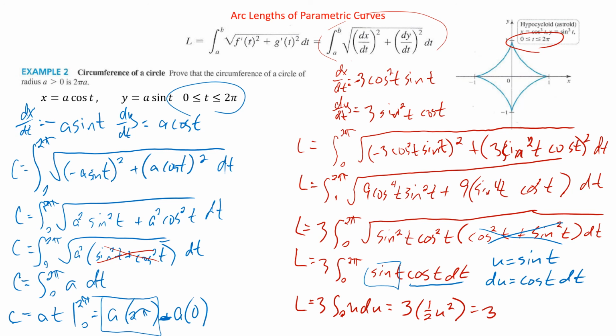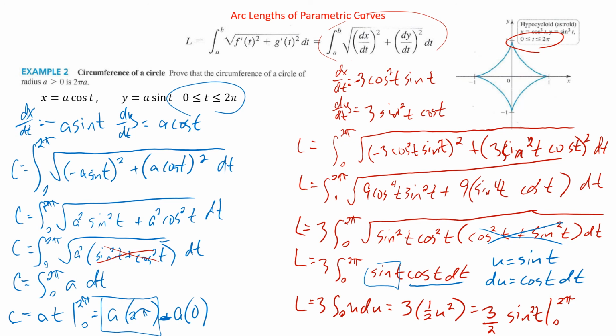So it'll be 3/2 times sine squared of t from 0 to 2 pi. If we plug in 2 pi, sine is going to be 0. If we plug in 0, sine is going to be 0. So that doesn't work because the positive and the negative cancel themselves out. So we'd want to split this up into a few pieces.